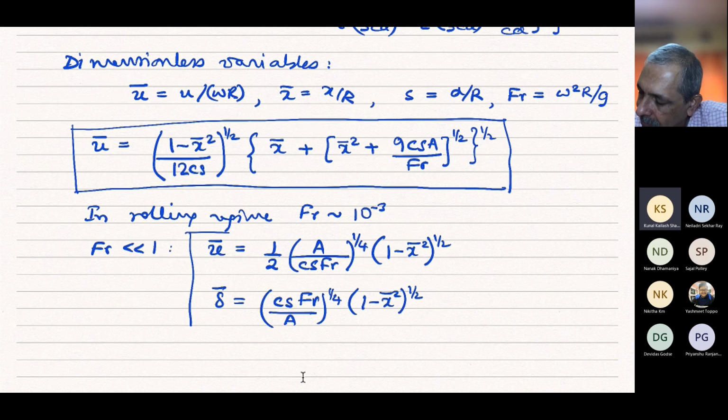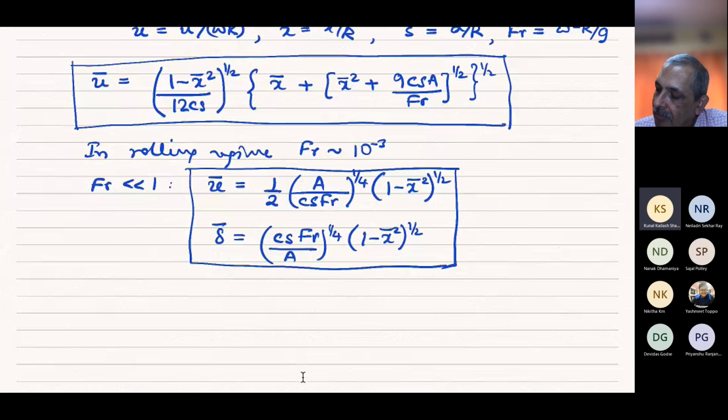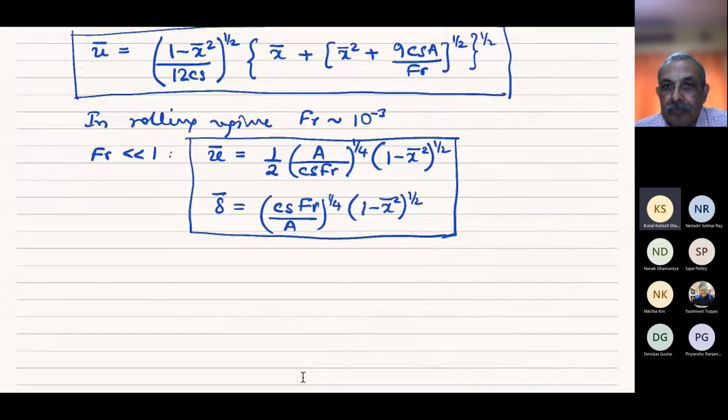So you get these very simple results for both the velocity as well as the layer thickness. And you see that the profile is just square root of 1 minus x squared.